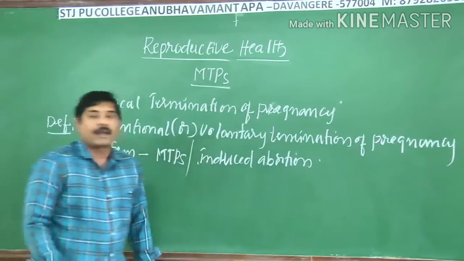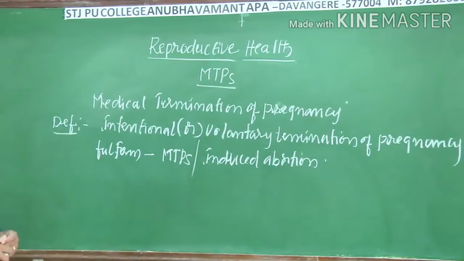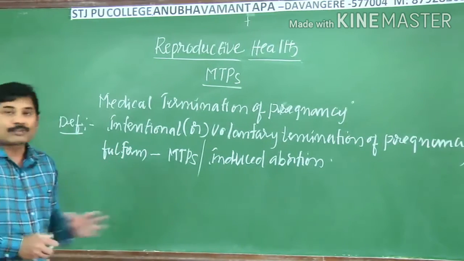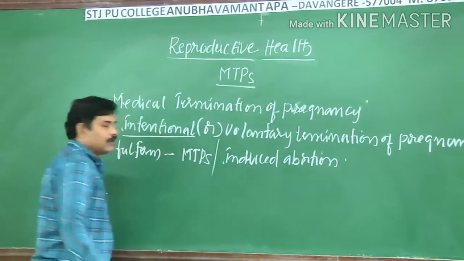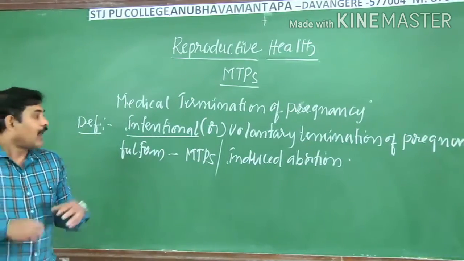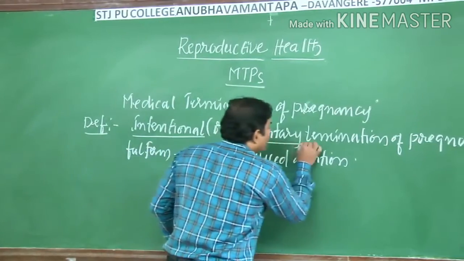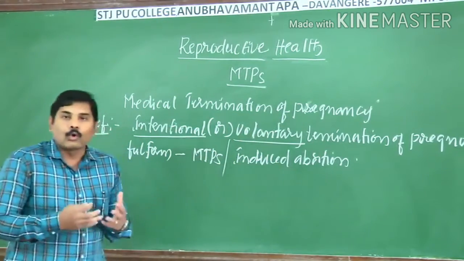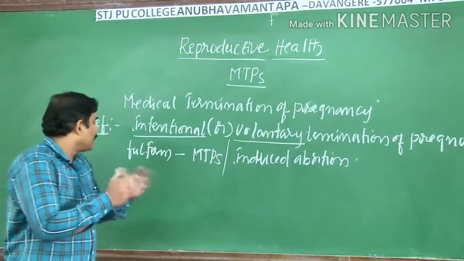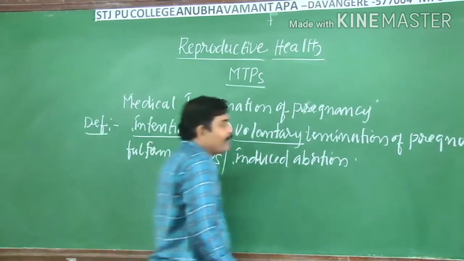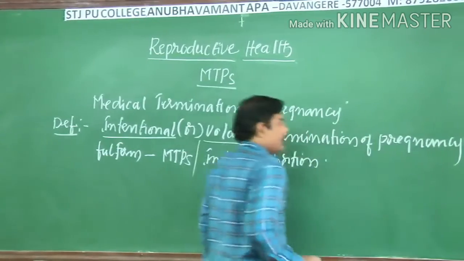Let me give you elaborate information regarding the technical definition. This termination of pregnancy happens intentionally by the pregnant woman, or else it takes place voluntarily. So by their own will and wish, this termination of the pregnancy takes place, and that too before the full term.